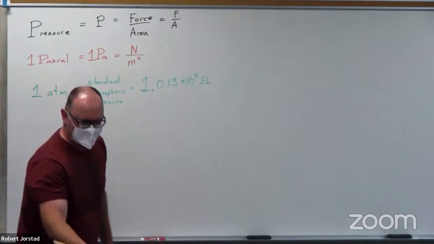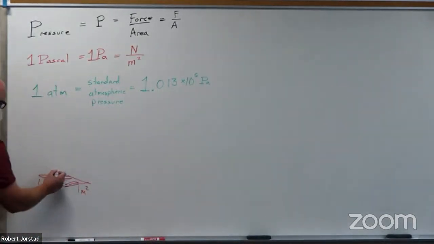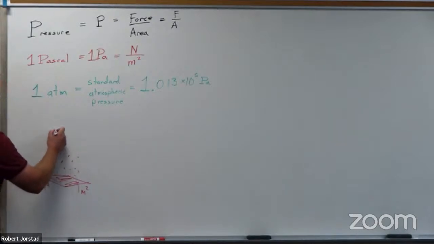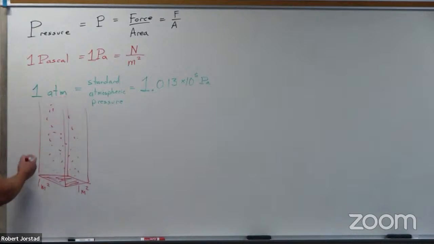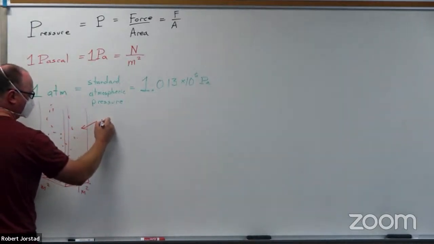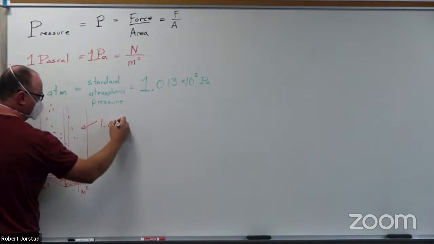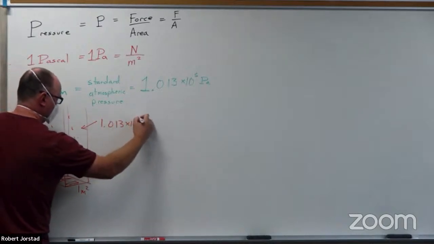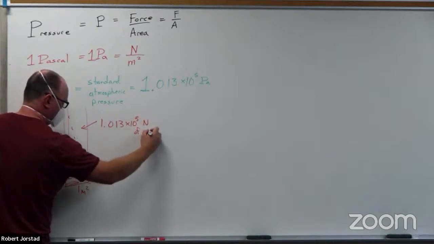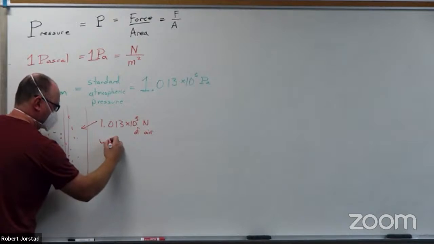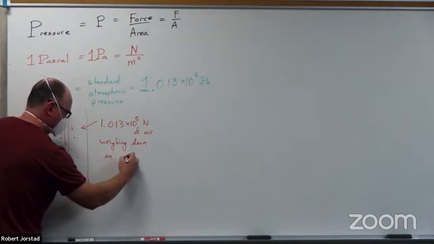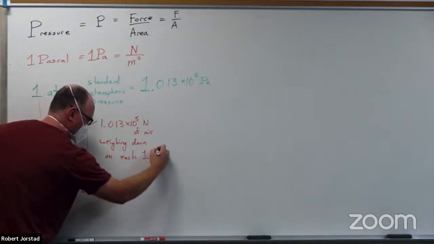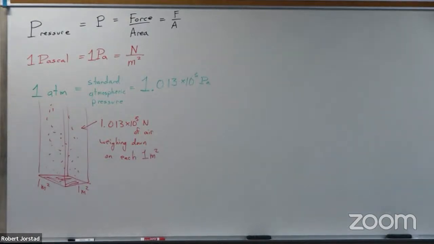That's what it means. So if you think about the weight of all the air molecules going up to the sky in the box defined by this 1 meter squared area, there's approximately 1 times 10 to the 5th newtons of air weighing down on each meter squared on the surface of the earth. Cool with that?